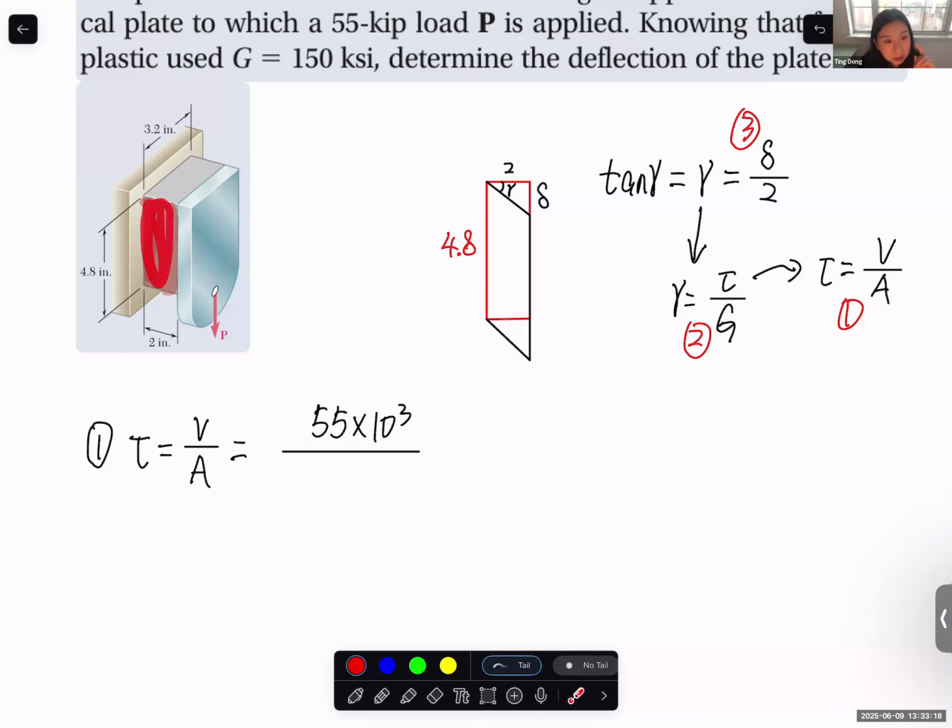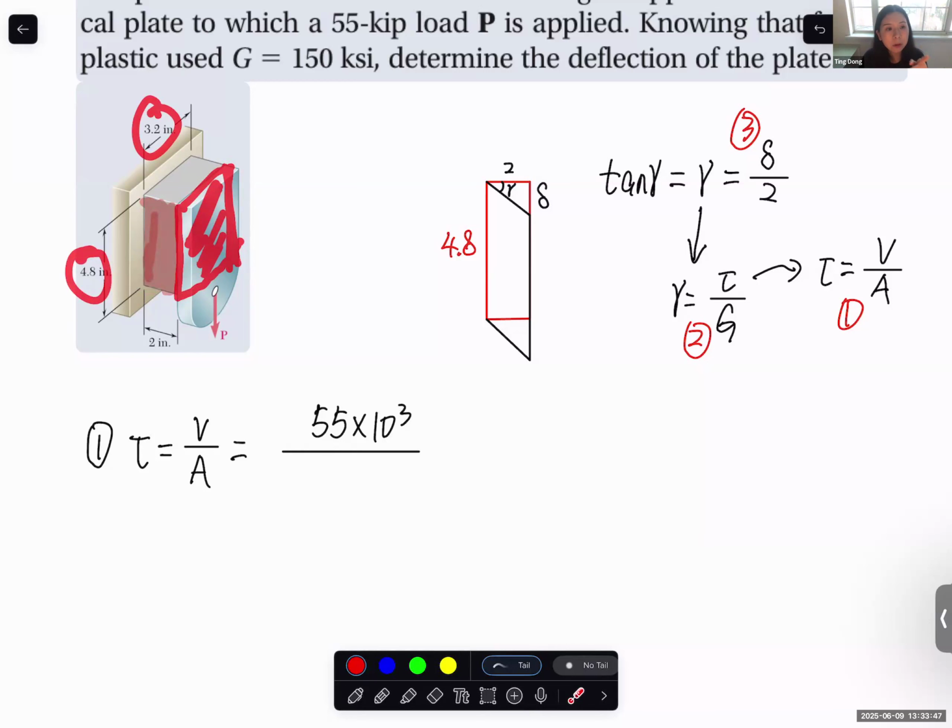This side surface is used to check the deformation generated by shear force. But this area is not the area that actually carries the shear force or shear stress. Which area carries the shear force? It is the contact surface between the plate and the block. So it should be this area, and this area should be 3.2 times 4.8.